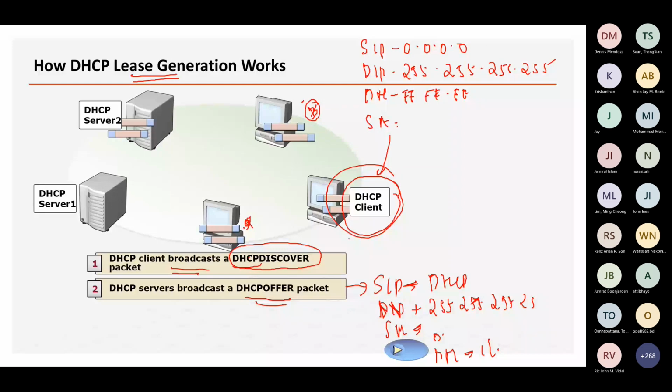So let me pause here in case you have any questions on this. Right now we have two concepts available. One is the DORA process, which is the process we are using. In the DORA process, the first part is Discovery, which sends a packet into the network.